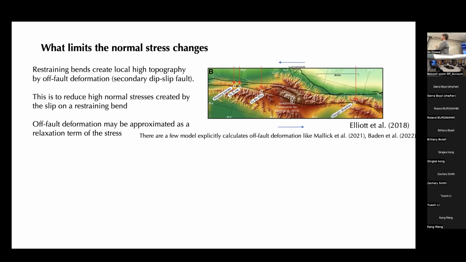This means that there is not just the main structural fault. There are lots of secondary faults, typically not just structural but also deep slip faults, that accommodate the deformation and relax the very high normal stress produced by this fault sliding.